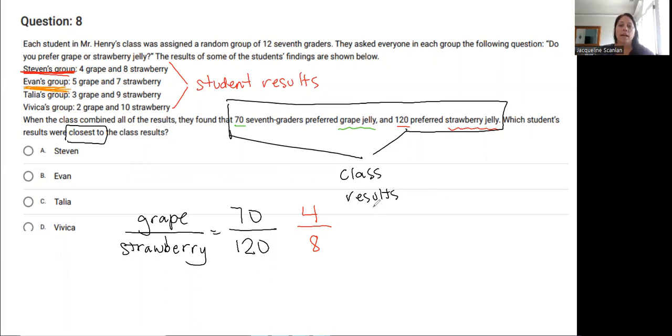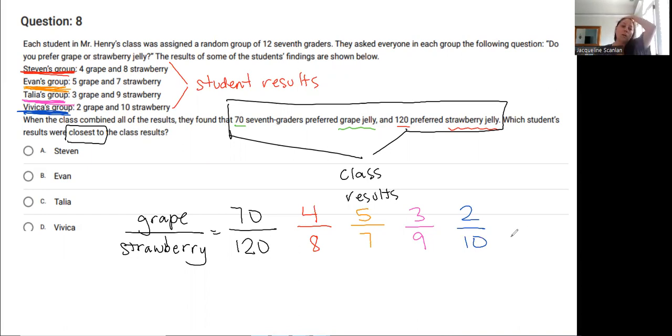And Evan had 5 grape to 7 strawberry. Talia is going to be pink. And she had 3 grape to 9 strawberry. And finally, I'm going to have Vivica be blue. And Vivica is 2 grape to 10 strawberry.